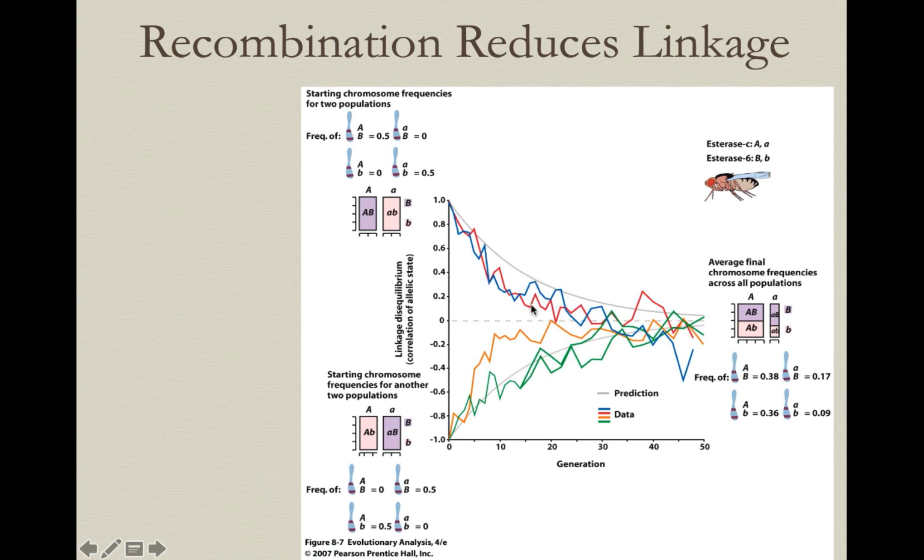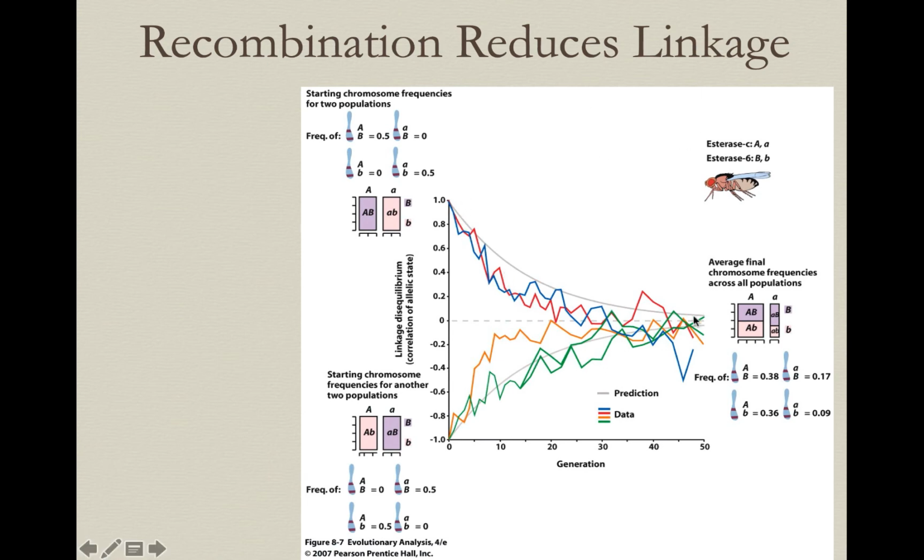And again, why is there such jaggedness associated with these lines? And why do they differ somewhat? That's simply due to genetic drift, because we're dealing with relatively small populations of flies in each of these studies. And so you're going to see generation to generation shift in these haplotype combinations due to genetic drift.